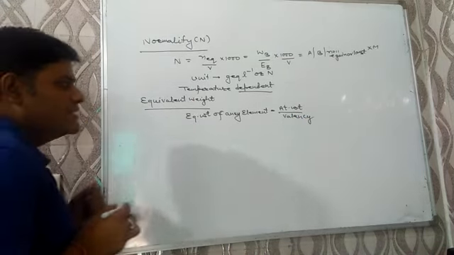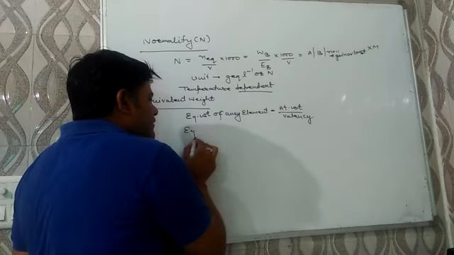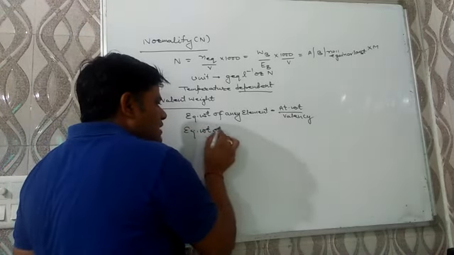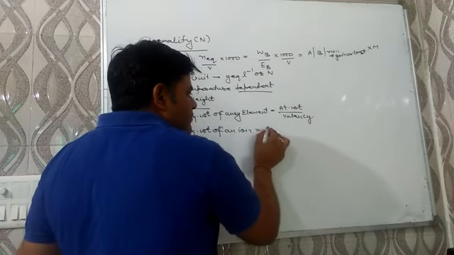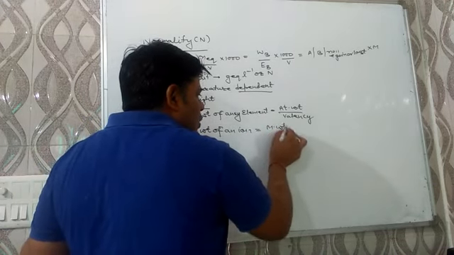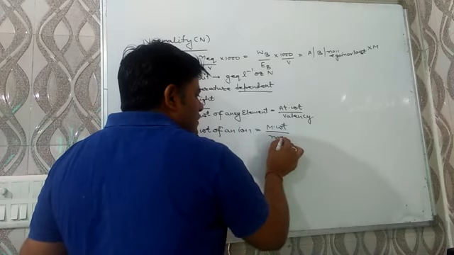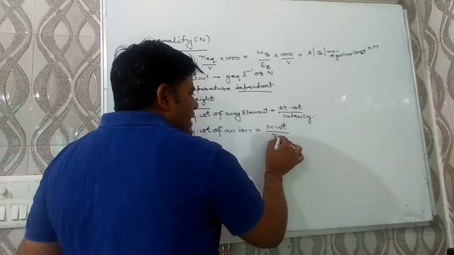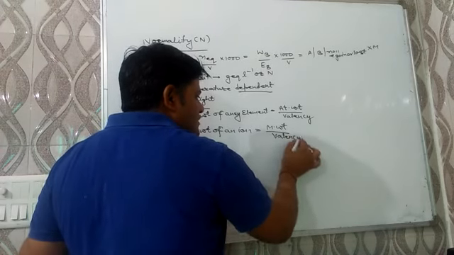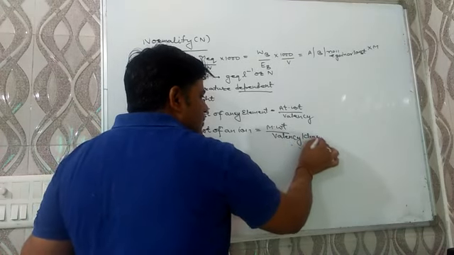Next one is the equivalent weight of an ion. For it, the formula will be molecular weight upon its valency or charge.